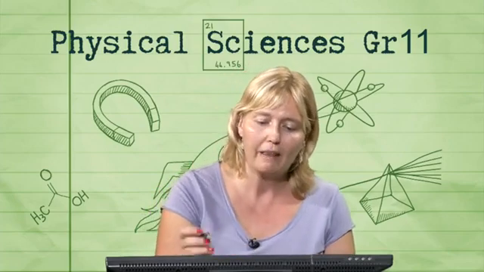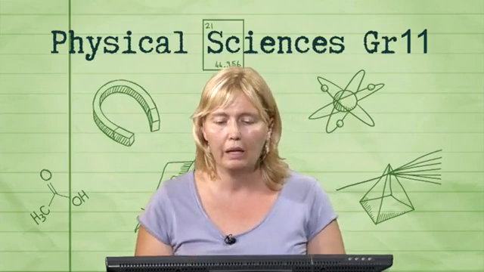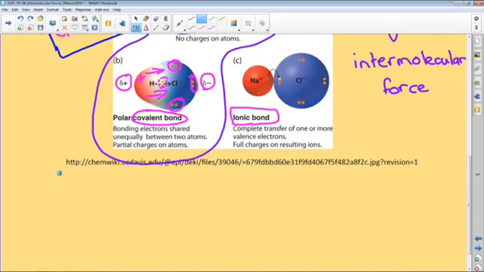Let's get stuck in. Okay, so we're going to talk about the ionic bond now. So again, just to recap, we were talking about electronegativity difference. Okay, here the difference in electronegativity between the two atoms is so great that the electron literally moves from one to the other.